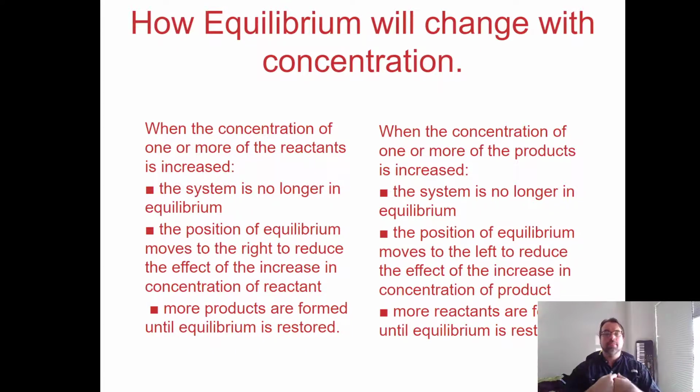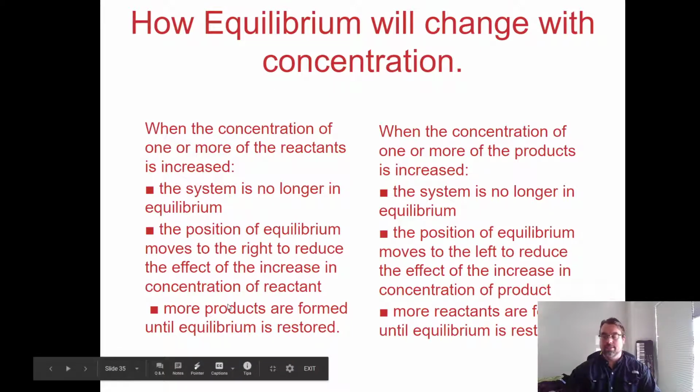Okay. The position of equilibrium will move to the right to reduce the effect of the increase of the reactant. So we've added something to the left side of our equation. It's going to push the equilibrium higher towards the products to balance that out. Okay? And that's what the last dot is essentially stating.